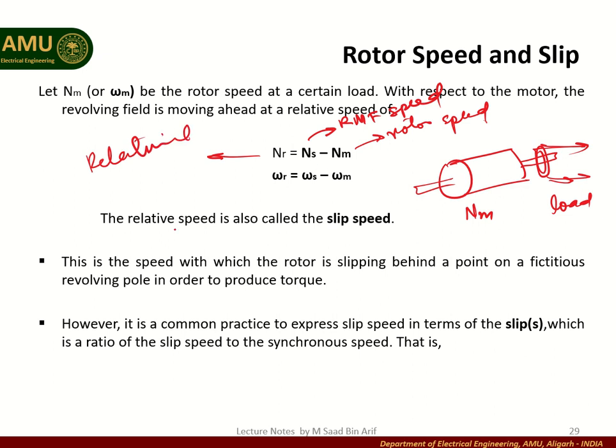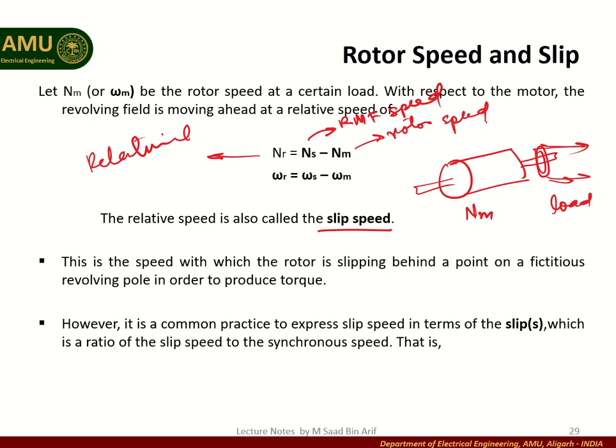This speed is basically called the slip speed. That is, the rotor is slipping behind the revolving magnetic field by this amount, Ns minus Nm. This is the speed with which the motor is slipping behind.